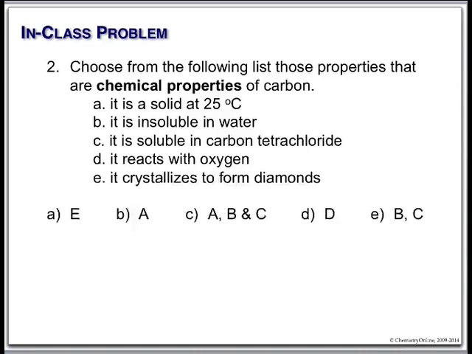But nothing happens, it's still carbon, isn't it? It's soluble in carbon tetrachloride. Well, sugar is soluble in water, but it's still sugar and it's still water. Reacts with oxygen. Now you're cooking. That's a chemical reaction. It crystallizes to form diamonds. Well, charcoal and diamonds look different, but they are still just carbon. D is the only correct answer.